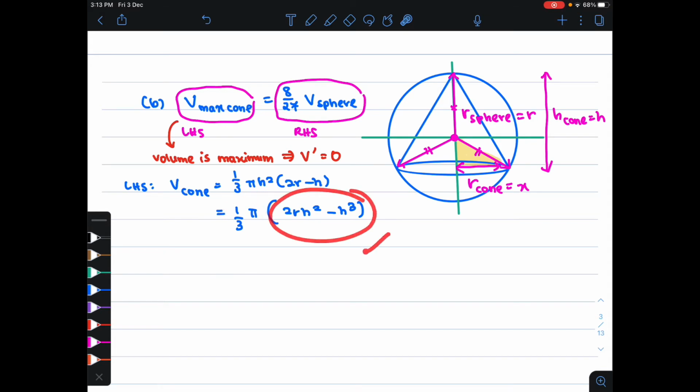This one yang tak constant ni yang kamu kena letak di dalam bracket. Alright? Okay, but be careful. Bila kita nak expand, kalau boleh ada satu saja unknown. Alright? So, sekarang ni kita nampak kata kita ada R dan juga H. So, kalau kamu perasan, R kat sini merujuk kepada sphere.